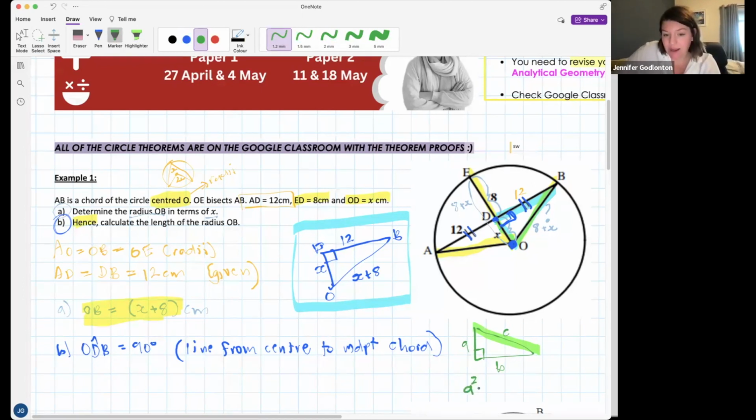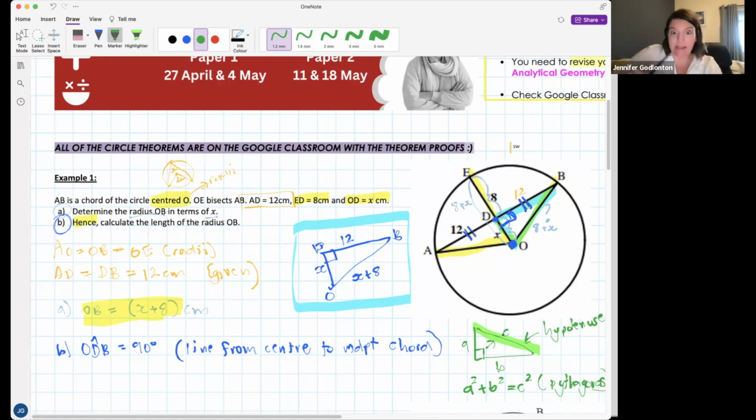So a squared plus b squared is equal to c squared. And our reason for that is Pythagoras. Okay, so this line over here is your hypotenuse. It's the line that is opposite the 90-degree angle.